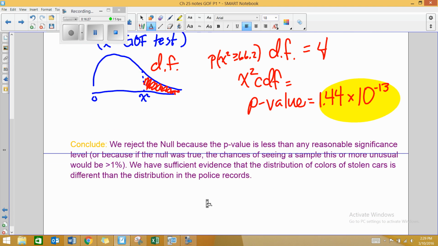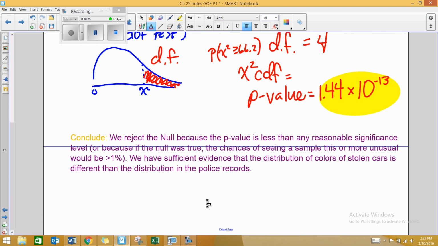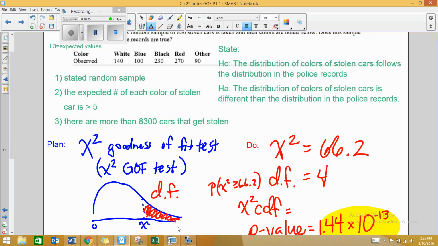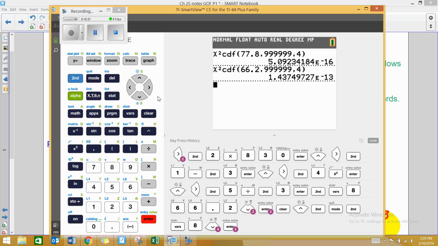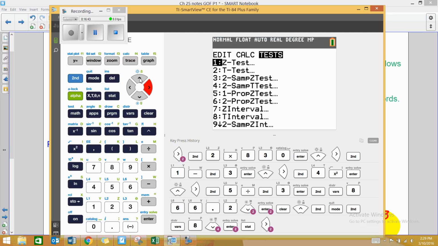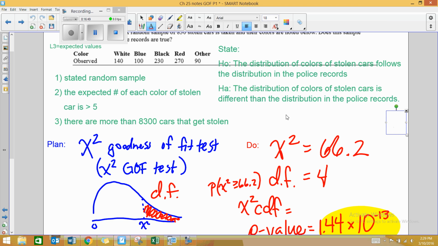Now, some of you may have been perusing your calculator and found something. This is a significance test that we just ran, but I haven't actually gone to the test section of my calculator yet. So some of you might have explored that already, and you'll see that there is, in fact, a calculator shortcut. So let's go ahead and repeat the do step as though we'd done the calculator step.